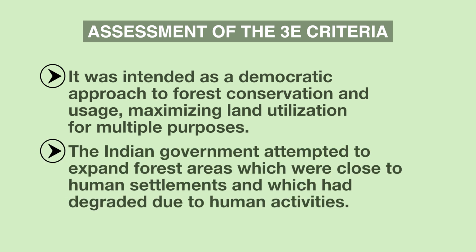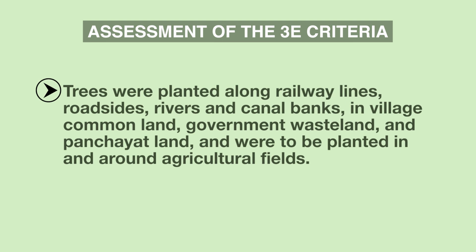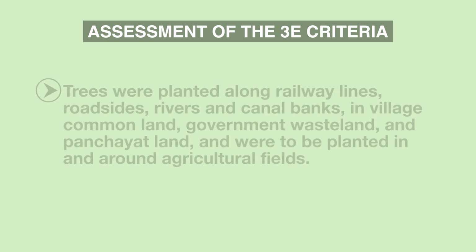The Indian government attempted to expand forest areas which were close to human settlements and which had degraded due to human activities. Trees were planted along railway lines, roadsides, rivers, and canal banks, in village common land, government wasteland, and panchayat land, and were to be planted in and around agricultural fields.